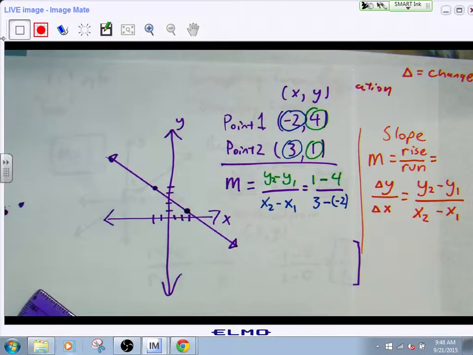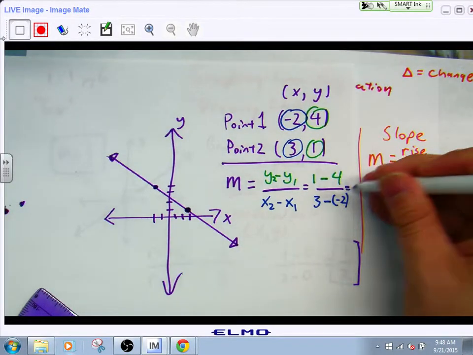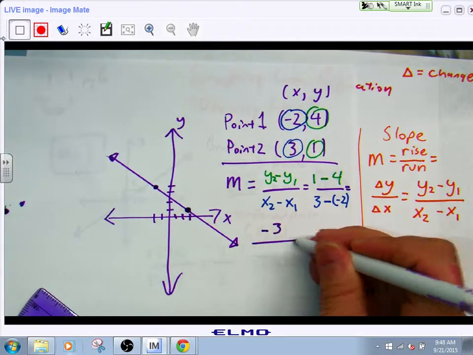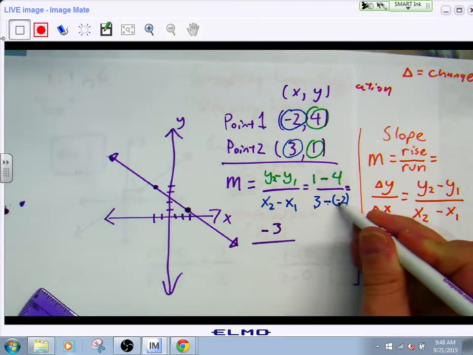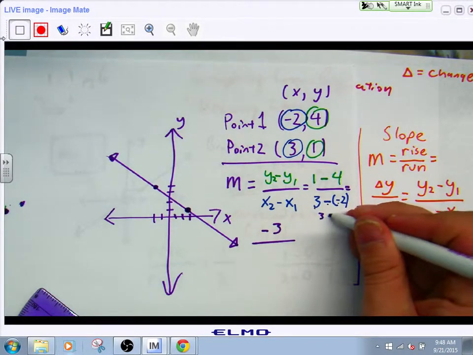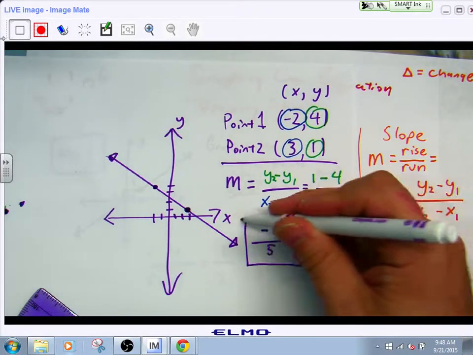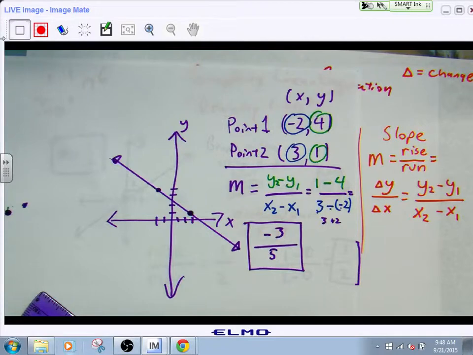So now I need to actually do this. So that's all going to equal, well, 1 minus 4 is -3. 3 minus a -2, well, that's the same as 3 plus 2, and that's going to be 5. So my slope is -3/5.